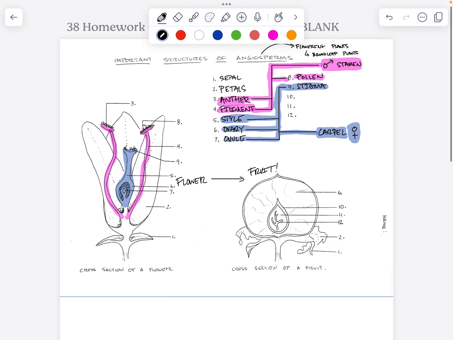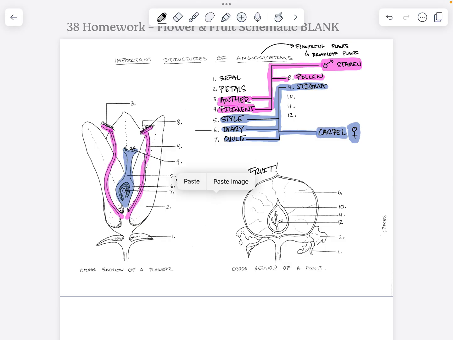Okay, number 6. We have already labeled. You know that number 6 is the ovary of the plant.